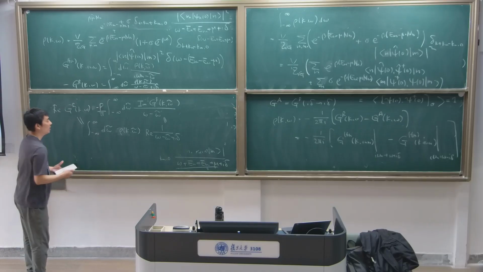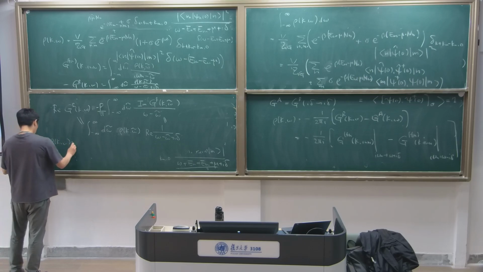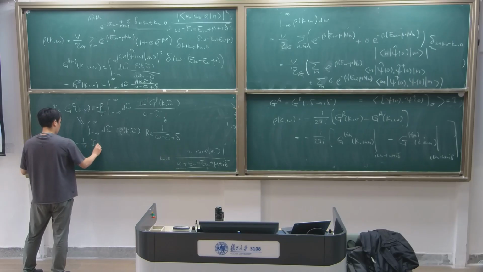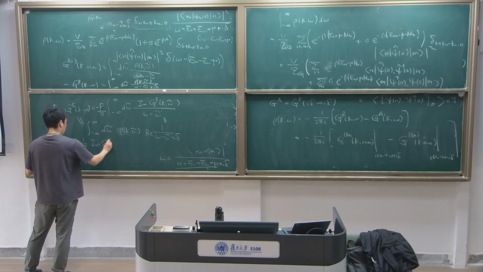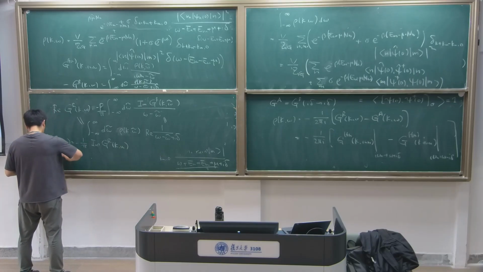So I use the fact that rho of k omega is equal to minus 1 over pi imaginary part of GR in omega, and also delta x.